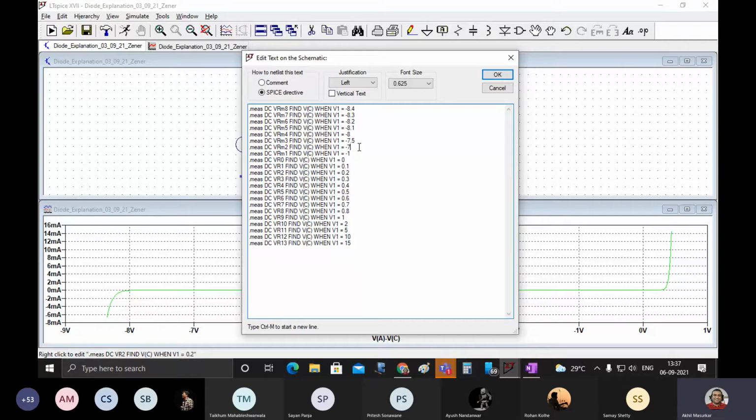This is minus 10. Let's run this and again see the SPICE error log. Why has it failed?